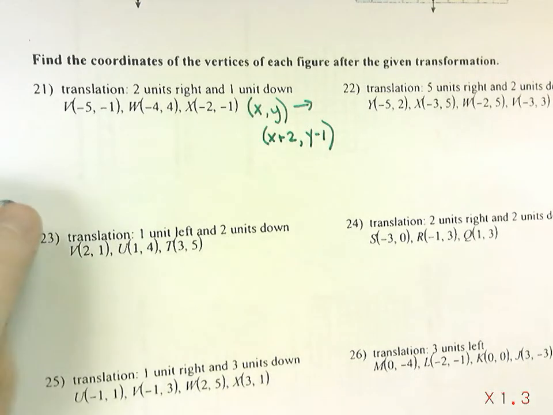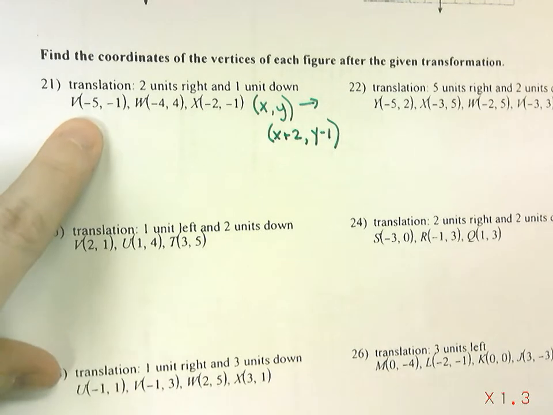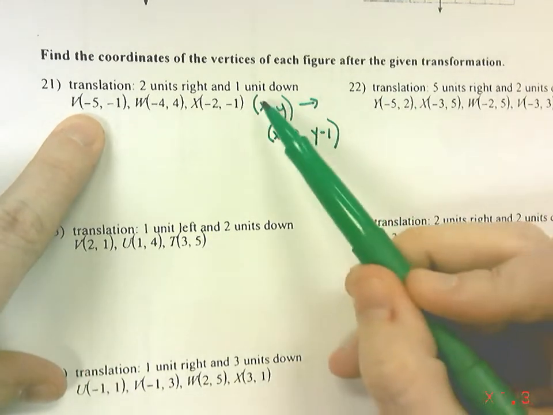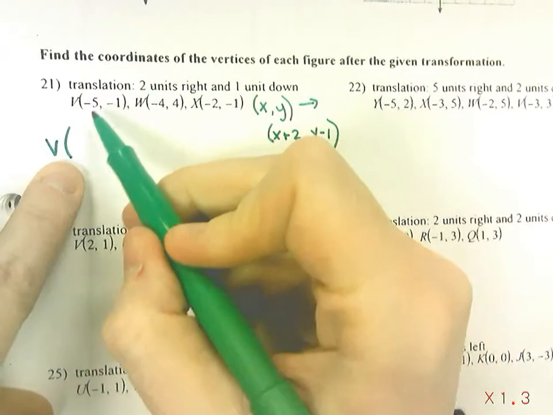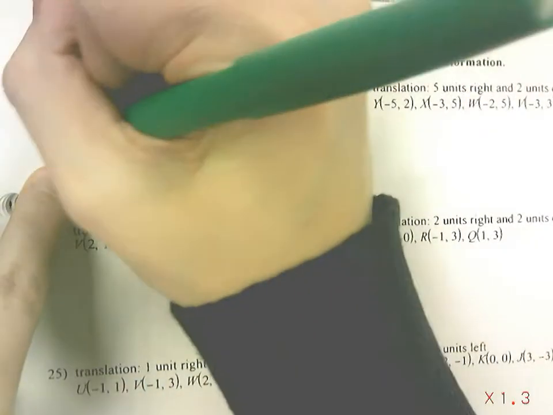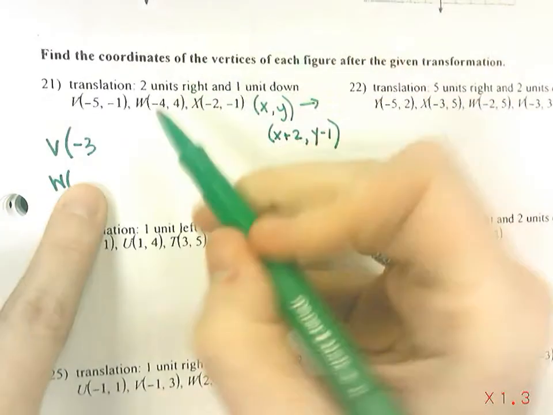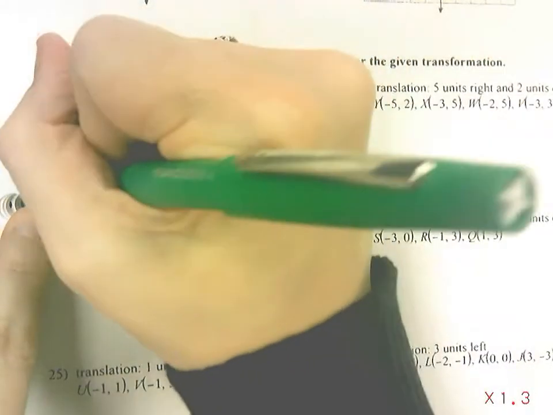Okay, so if I didn't want to draw a picture of this, because notice there's no graph, then what I need to do is on every x coordinate, I'm just going to add 2. Okay, so v, instead of -5, I'm going to do x plus 2. -5 plus 2 is -3. On w, for my x coordinate, I'm going to add 2. -4 plus 2 is -2.